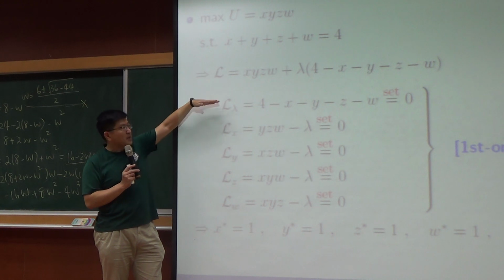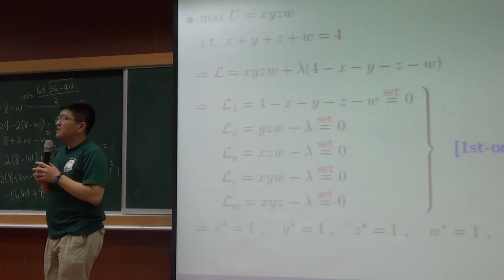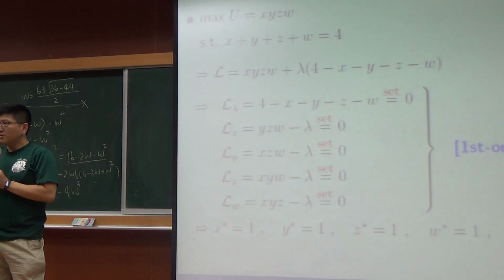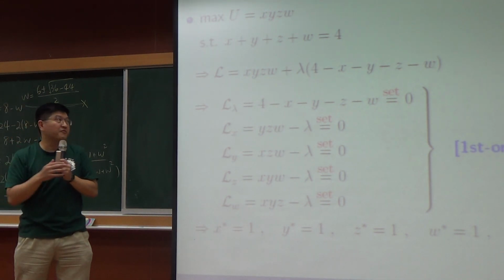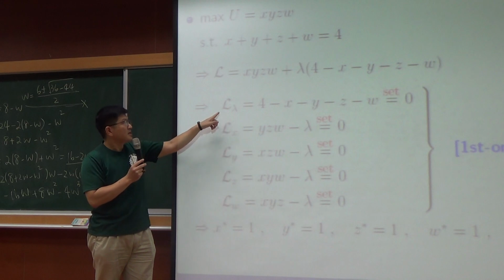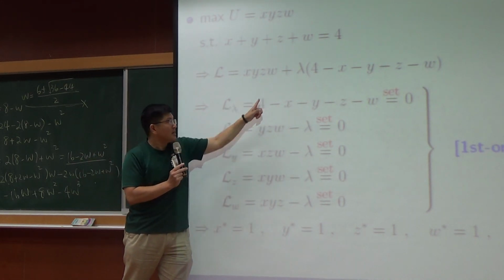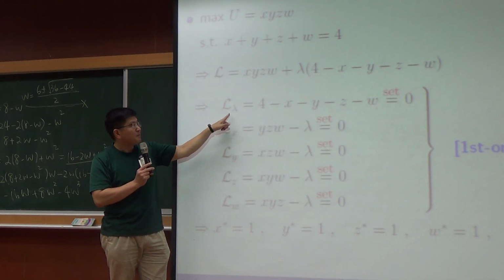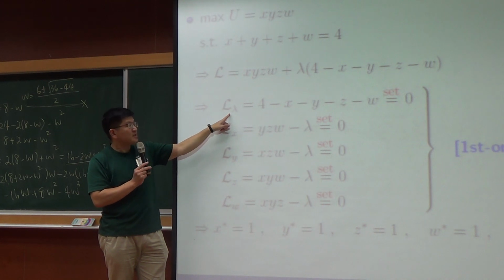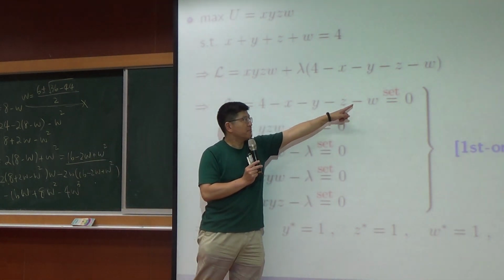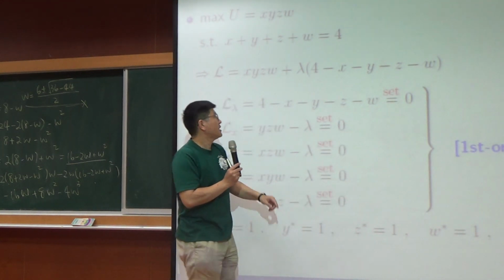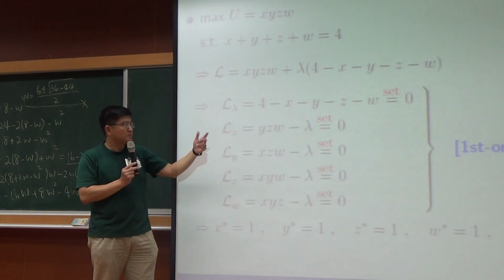And then we have how many first order conditions? We have x, y, z, w, and lambda, so we have totally 5 variables. The differentiation with respect to lambda would be 4 minus x minus y minus z minus w equals 0, and we set it to be 0.